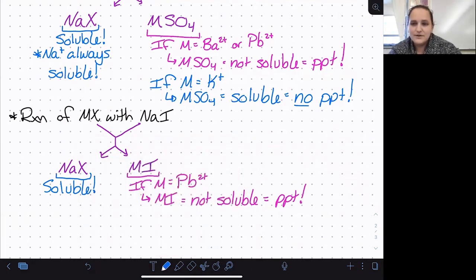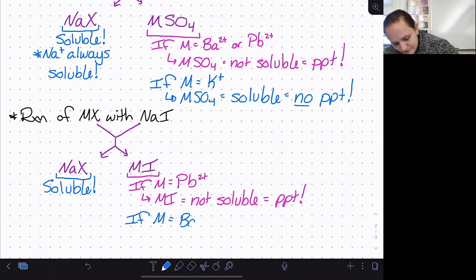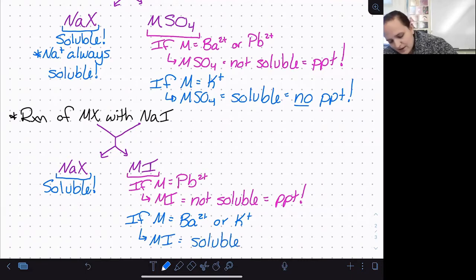But the other 2 are soluble. Both barium and potassium are soluble when paired with iodide. So if either of those is the correct identity of our unknown, then that product would also be soluble, and we would expect to not see a precipitate from that.